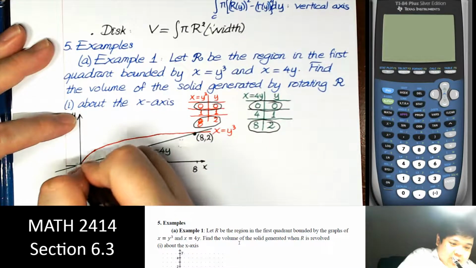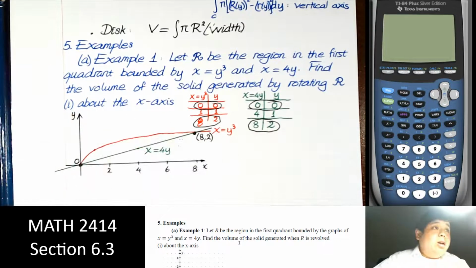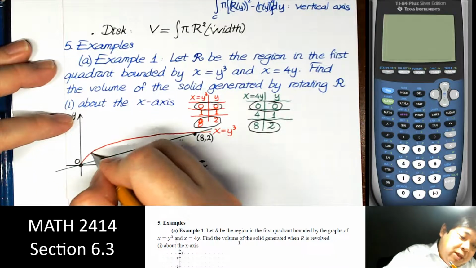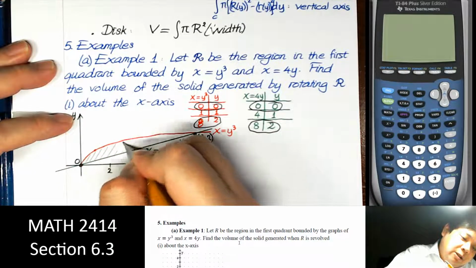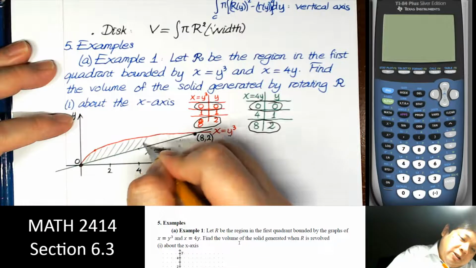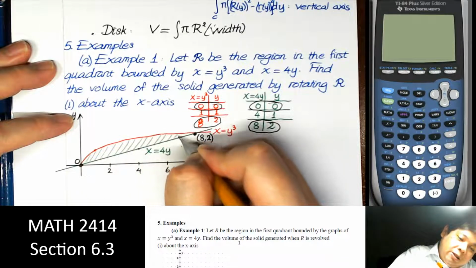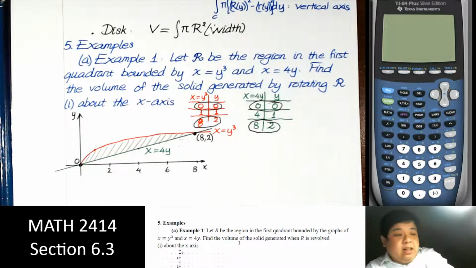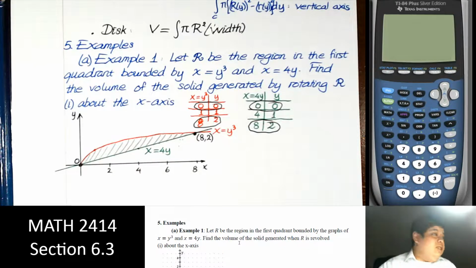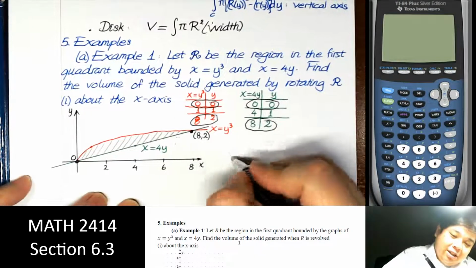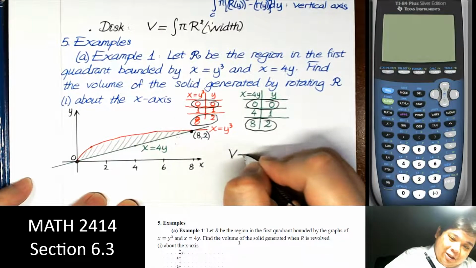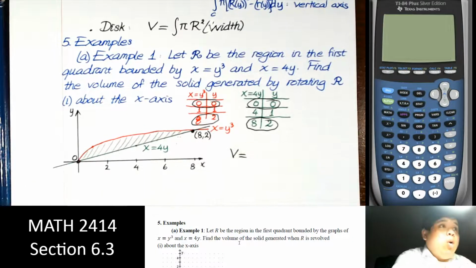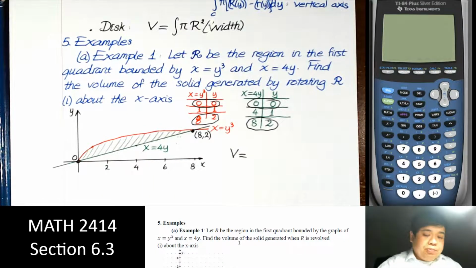Right. So the region is going to be this one. This is going to be the x-axis, horizontal. So it's going to be the x. And my question is, is this the disk or the washer method?